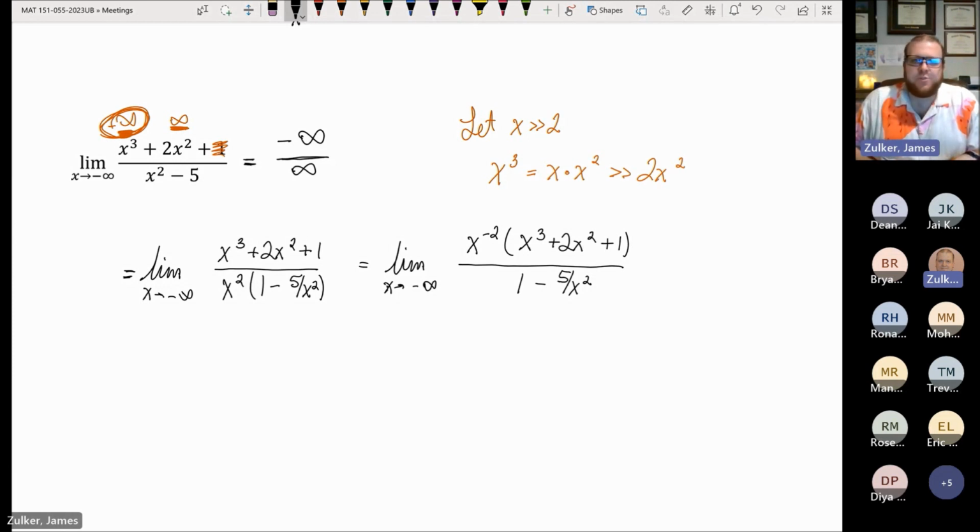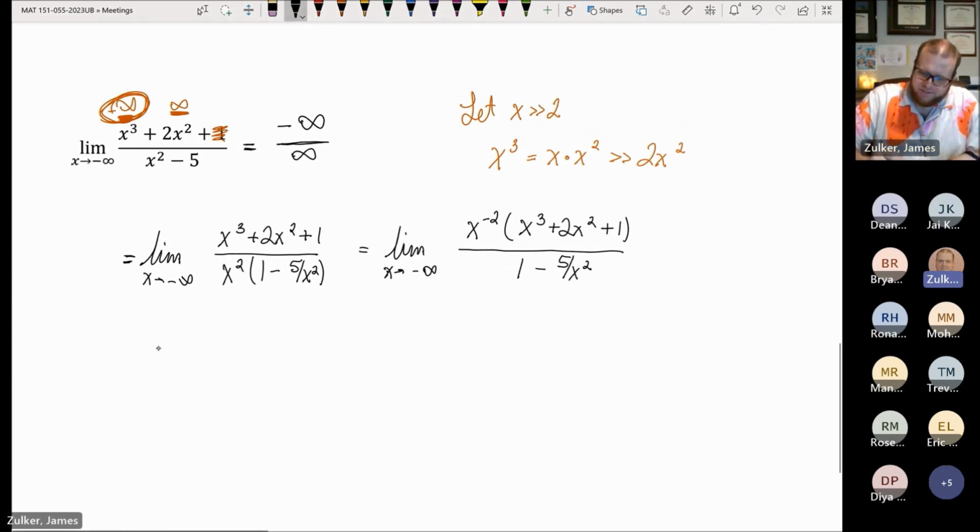Distribute that x to the -2 through, right? So we're distributing the numerator. We're left with x plus 2 plus 1 over x squared.